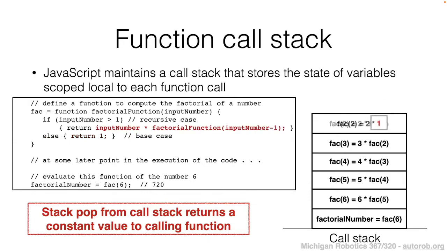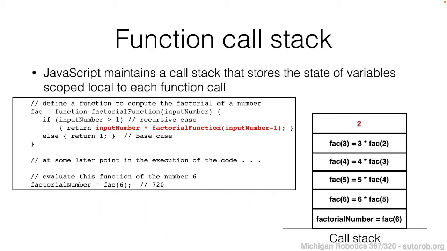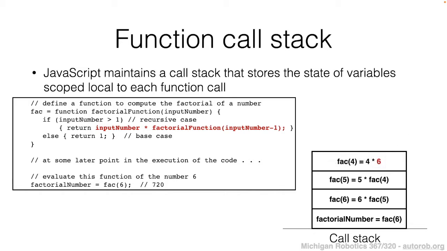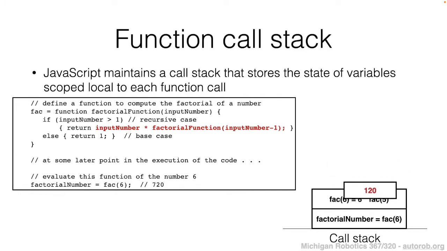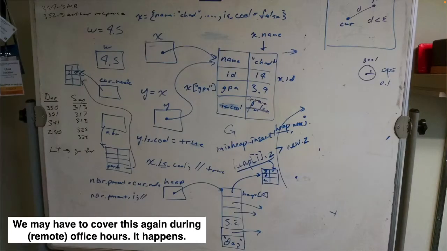We then return 1, move back to the top of the stack into that local variable scope, and continue this process of returning the value that was returned, and then popping the local variable scope from the call stack. And so this process continues until we are left with no elements in the stack. Right, and so we get our correct result.